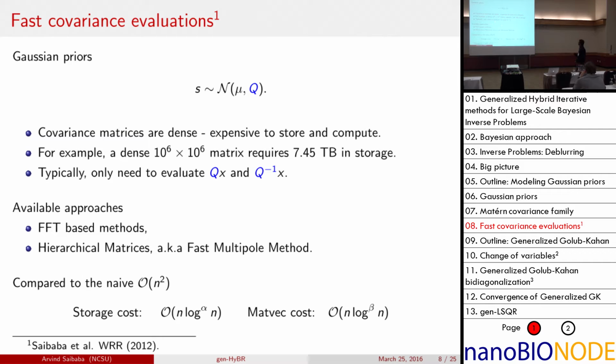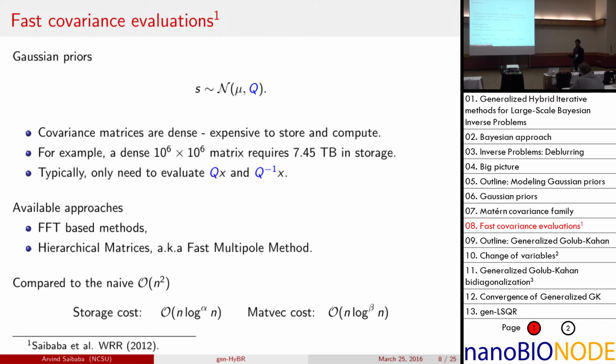So the matrix vector product can essentially be accelerated. For a dense matrix, you know that it would take about order n squared operations. But for image processing problems in which everything is on a regular grid, the covariance matrix has a very special structure. It is block Toeplitz with Toeplitz blocks, and so you can use FFT-based methods to accelerate the matrix vector computation.